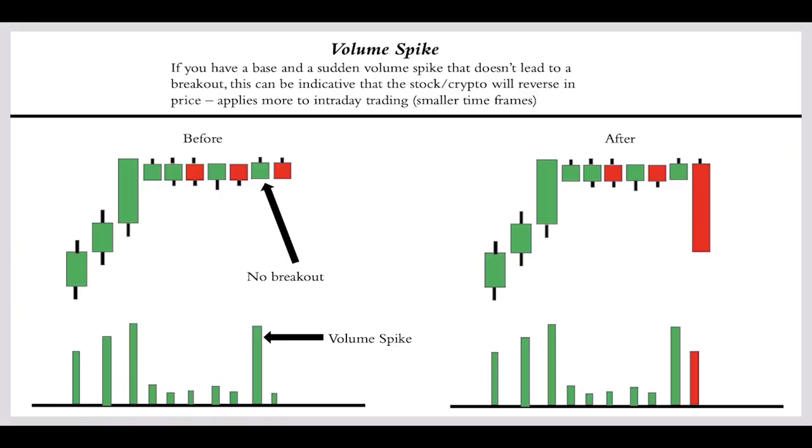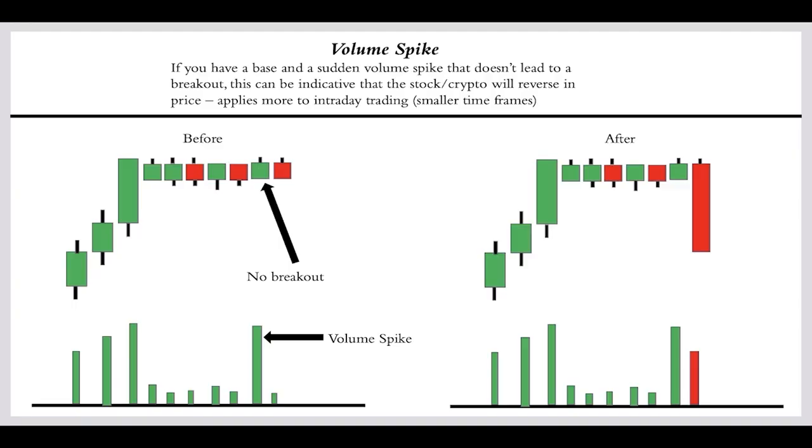Let's also talk about potential reversals when we're looking at a base. This is something I can guarantee you're not going to learn anywhere else. I would highly doubt there's any other course in existence that teaches this very topic, because this is something I personally learned.